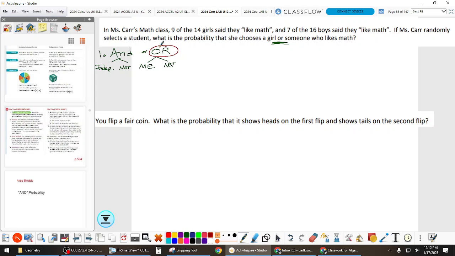What two things are we saying can they be both? Girl and like math. Good, there you go. Girl and math, and yes, they can be that. Are you good with LM for likes math?